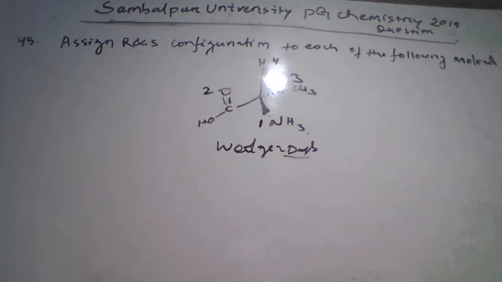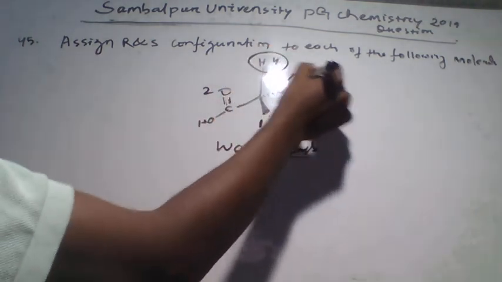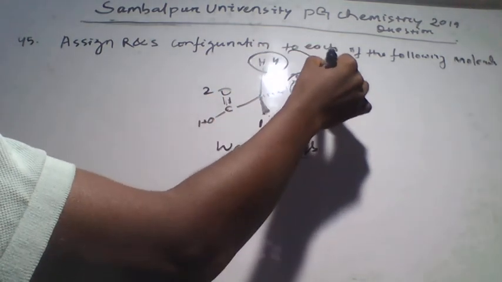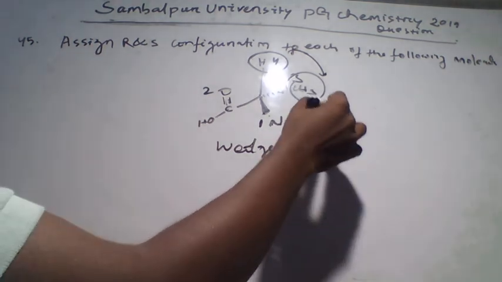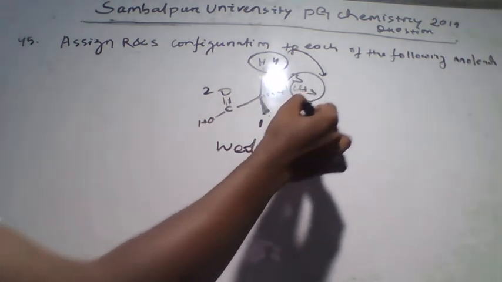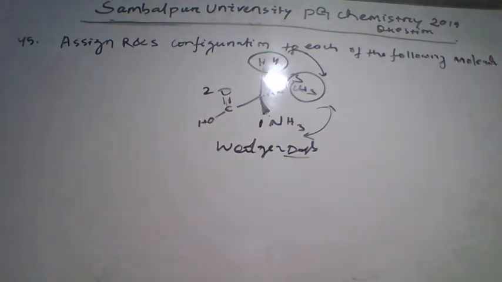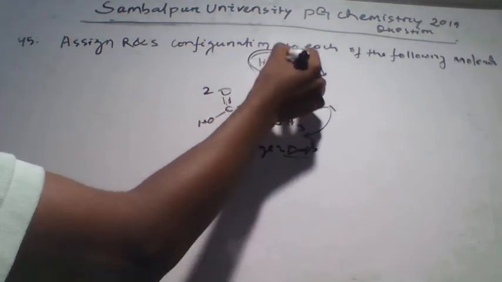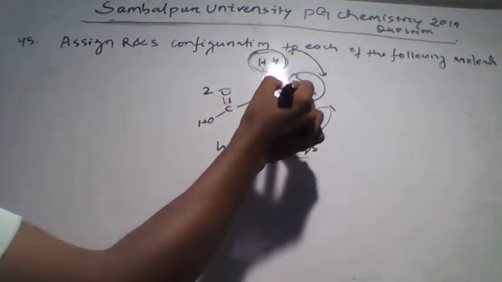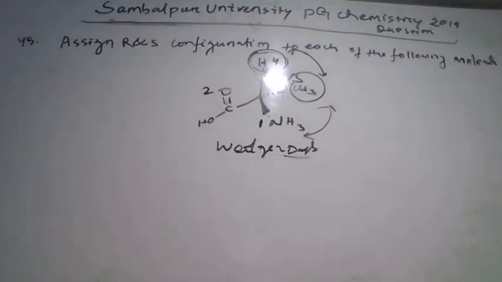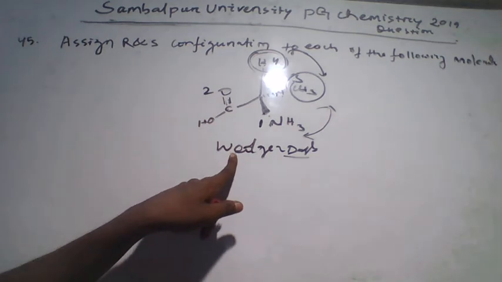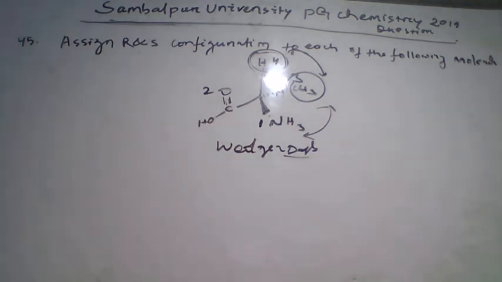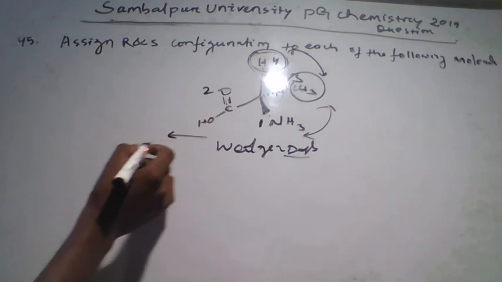Whichever groups you take, you have to interchange the groups two times. You can change this one, and after that in the second step this one, and it is necessary to take this lowest priority group above the plane or below the plane. If the lowest priority is above or below the plane, you can easily determine the RS configuration for this wedge-dash molecule. Okay, let's change two times.